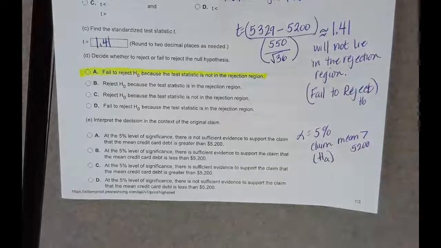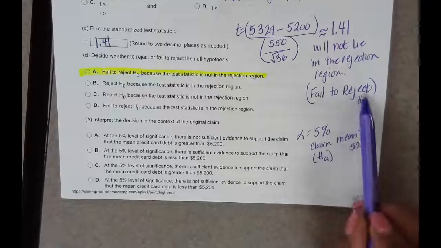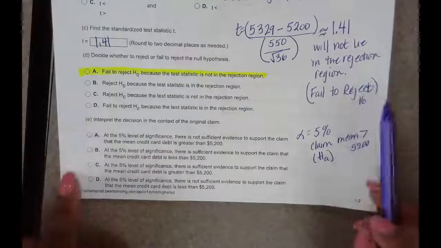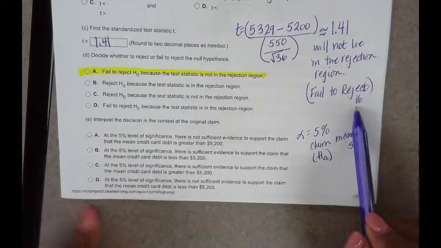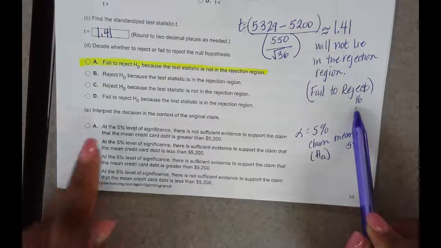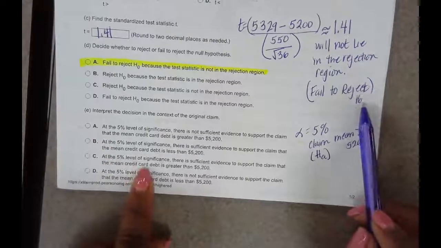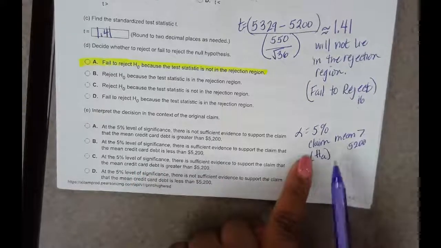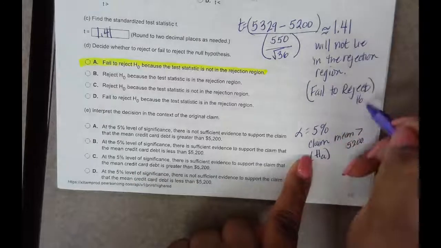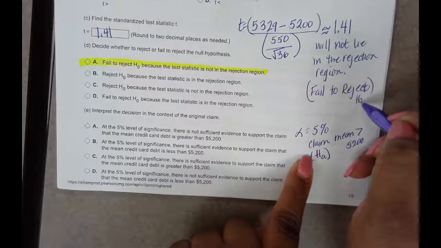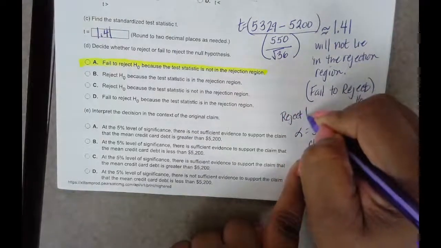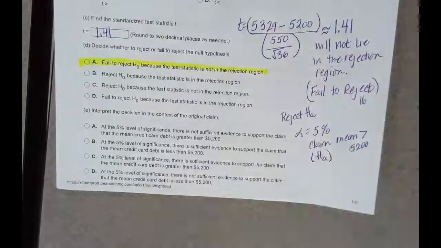Okay, so we're failing to reject H naught, or the null. Then that means we are rejecting HA. So if I fail to reject H null, then I am going to reject HA.